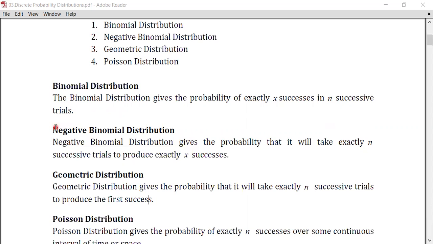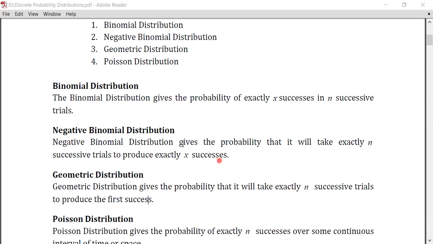And if you briefly go through the negative binomial distribution, it gives the probability that it will take exactly n successive trials to produce exactly x number of successes.